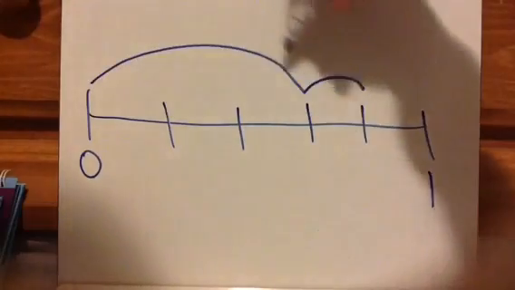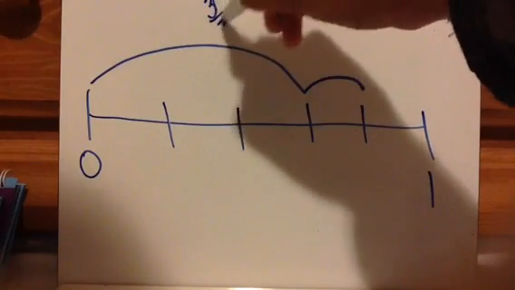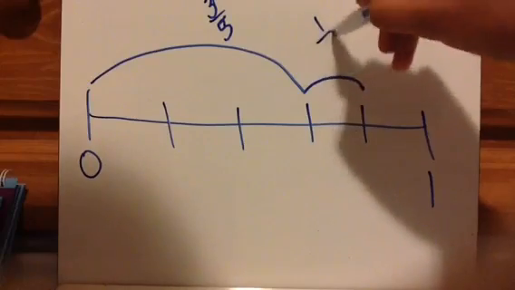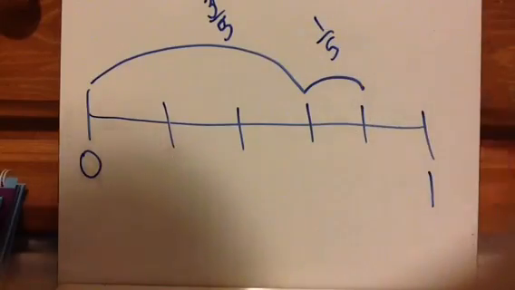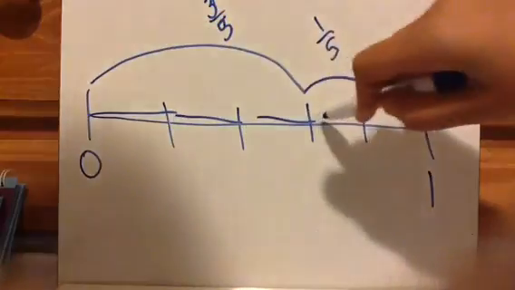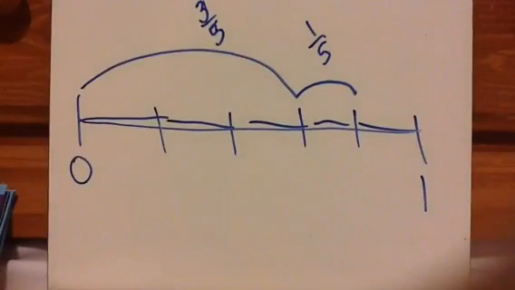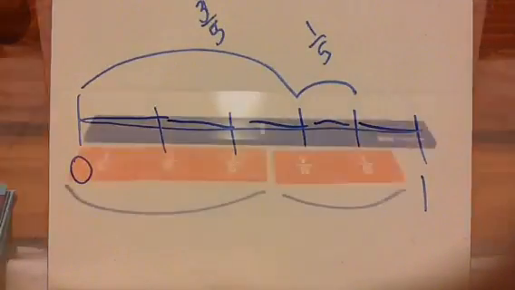When you're going from here to here, I'm showing that that's 3/5, and then from here to here, I'm showing that's 1/5. And the reason I know that it's fifths is because of the spaces. In my other video where I talk about fractions and decimals on a number line, I emphasize that you need to count the number of spaces.